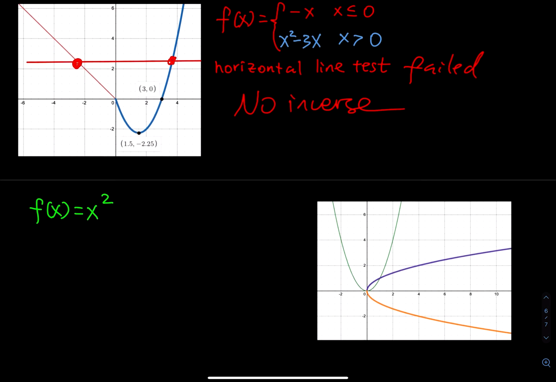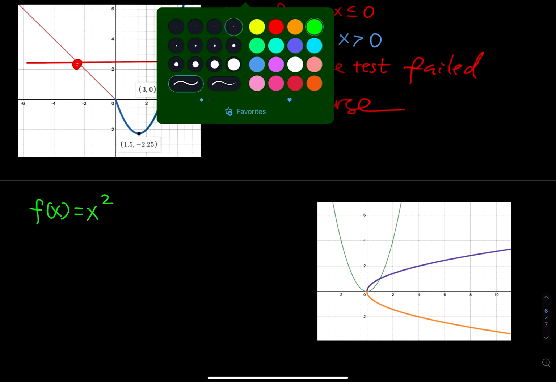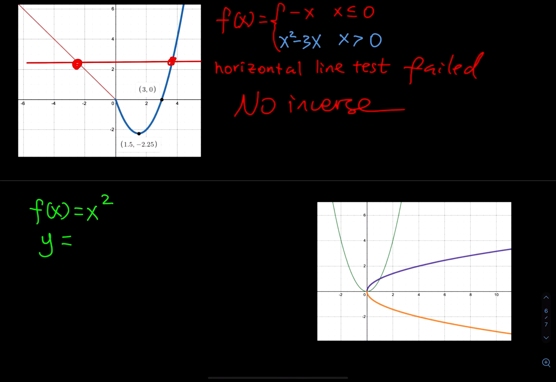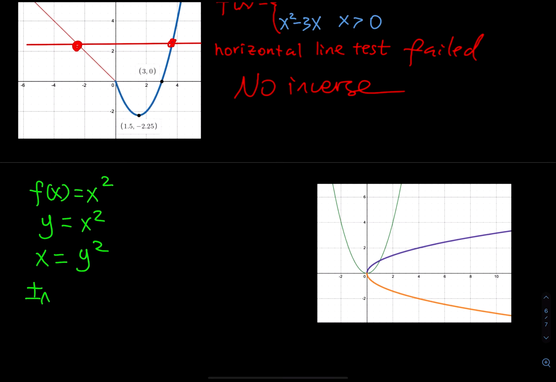All right. And then how about the parabola? If you still remember the previous lesson, a full parabola does not have an inverse. Here is y equals x squared, x equals y squared. When you take the square root on both sides, you have plus or minus square root of x equals y inverse.